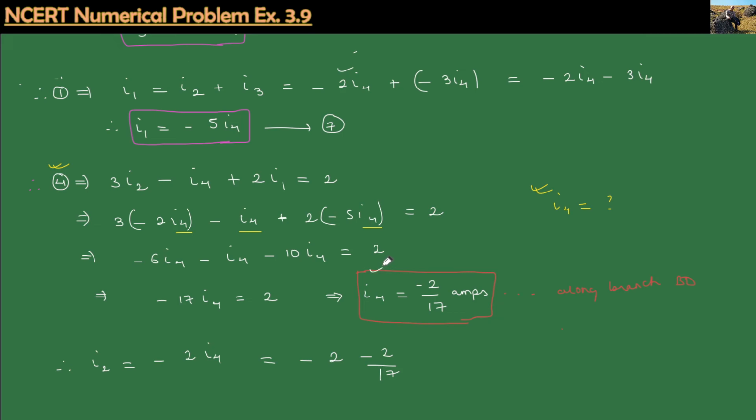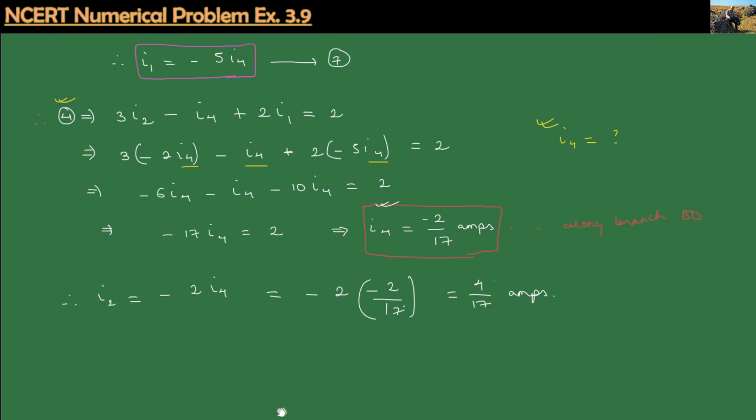Minus times minus gives plus, so the answer will be 4 divided by 17 amperes.